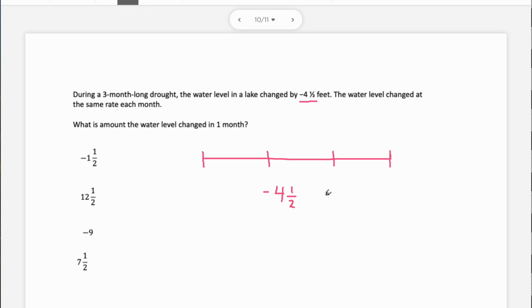The whole thing equals that. So we need to divide this by 3 to see what each of these little segments is equal to. Okay, so before we do that, we're going to change this mixed number to an improper fraction. Okay, remember to do that. We multiply. We have 2 times 4, which is 8, plus 1 more.